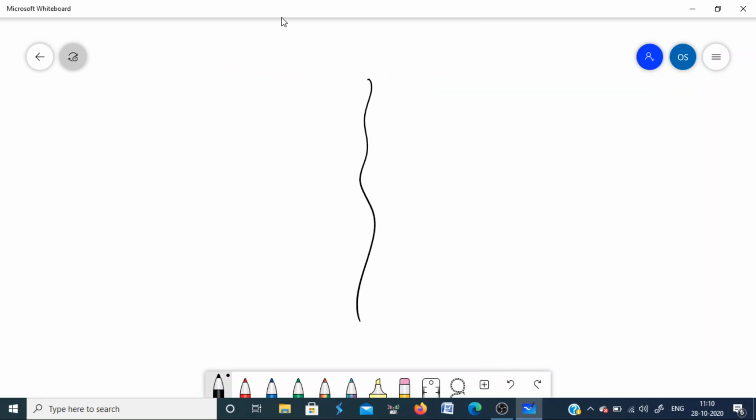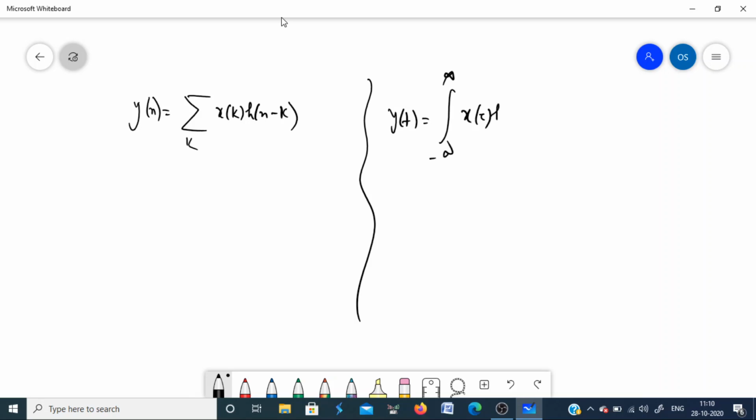Okay, and you can see that these two equations, they are almost analogous in continuous and discrete time. In the discrete time, you have y of n, which is equal to summation of x of k h of n minus k, summation over k. In continuous time, we have y(t), which is integration of x of tau h of t minus tau d tau.